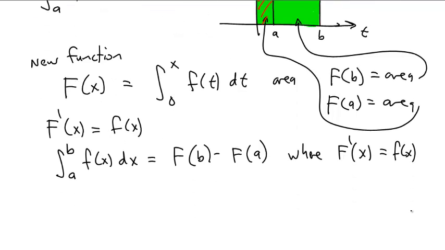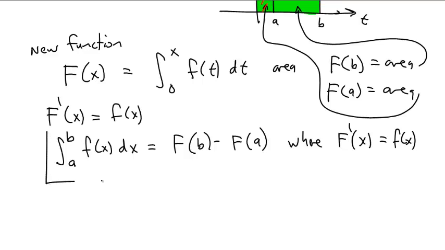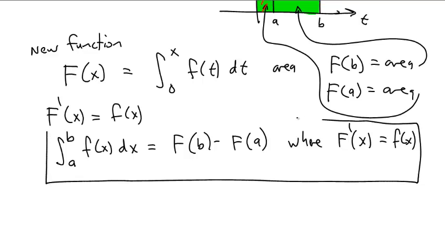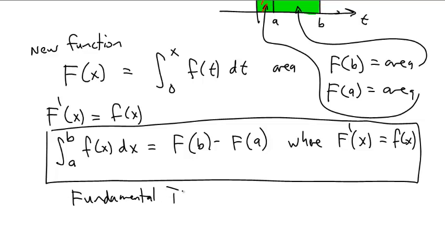And this is what is known as the fundamental theorem of calculus. It says in some sense that finding the area under a curve is the opposite of taking a derivative.